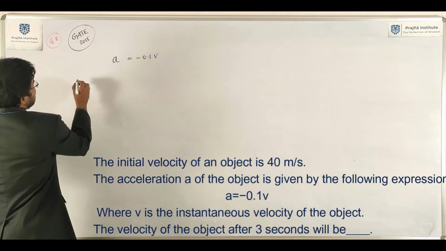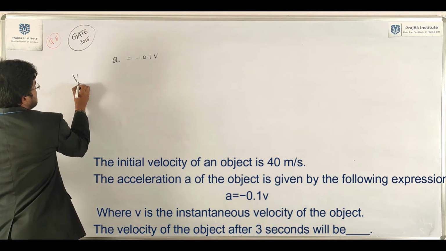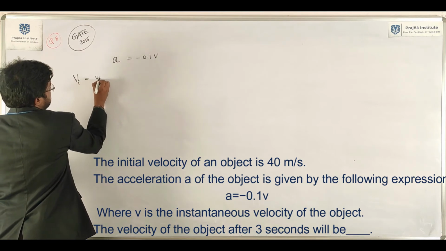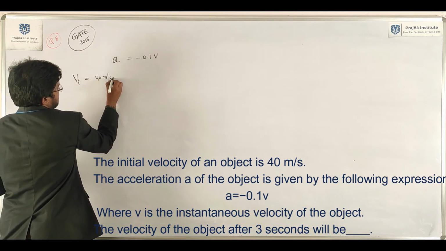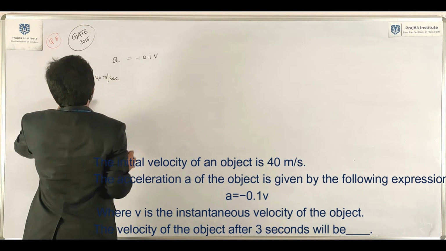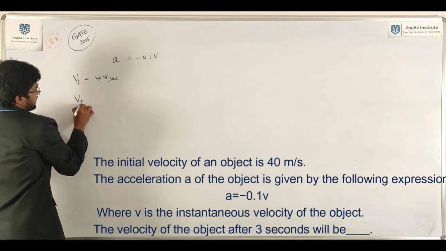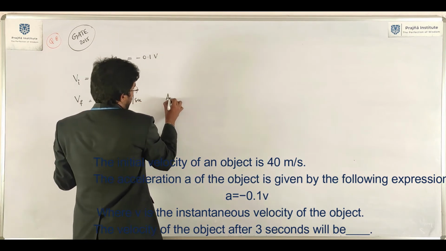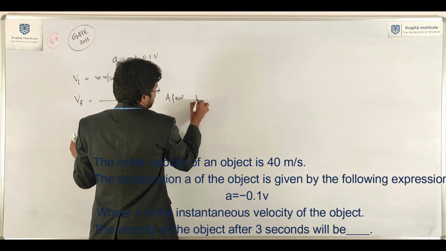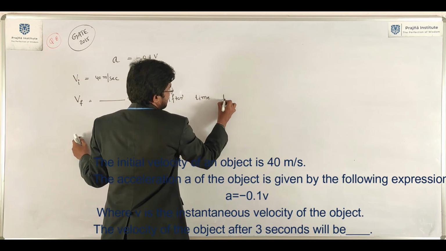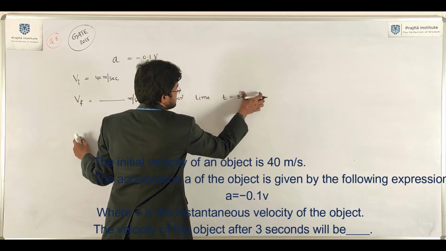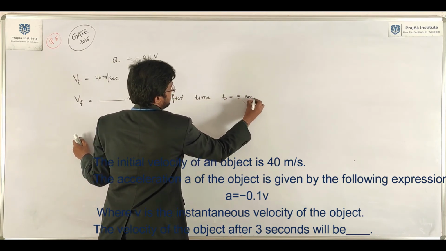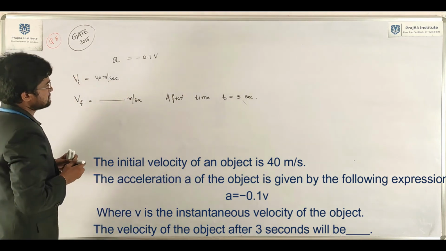Here the initial velocity equals 40 meter per second. They are asking for the final velocity in meter per second after time t equal to 3 seconds. So it is very simple.